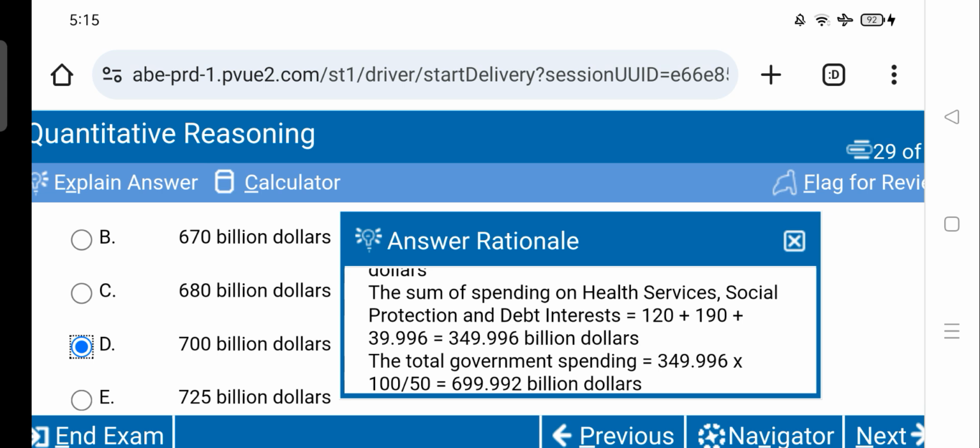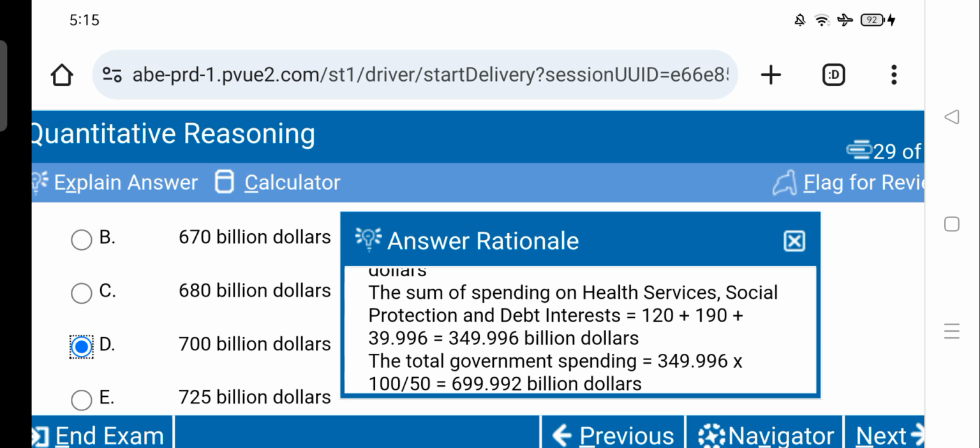The sum of spending on health services, social protection, and debt interest equals 120 plus 190 plus 39.996, which equals $349.996 billion.